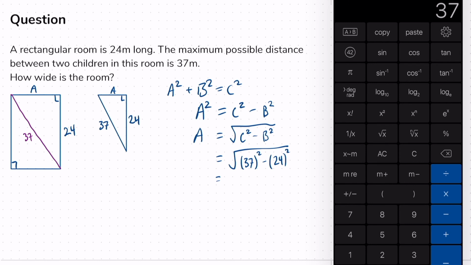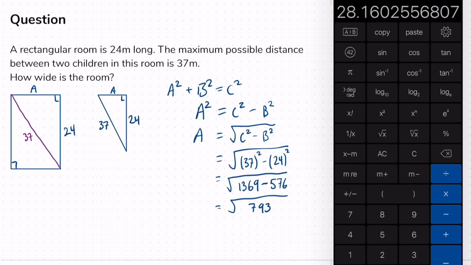So 37 squared, well, that's equal to 1369 minus 576. So square root of 793, which equals 28.16 meters.